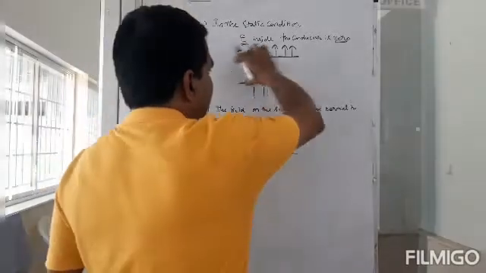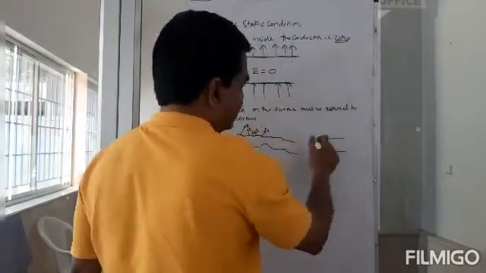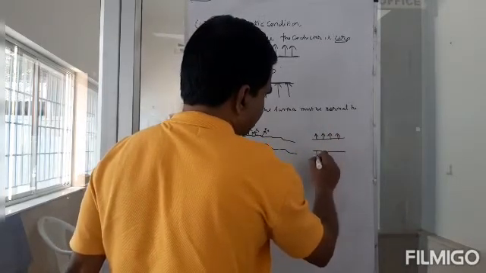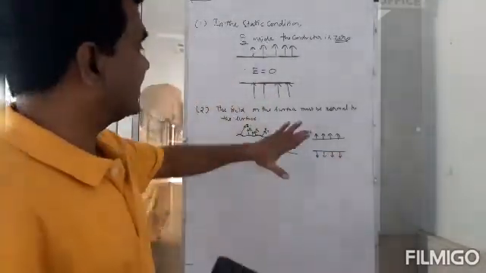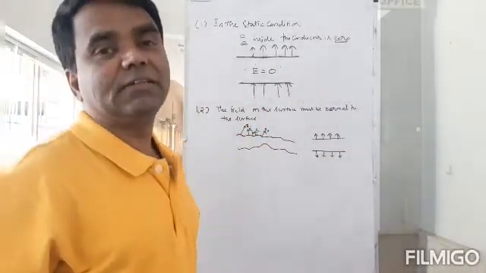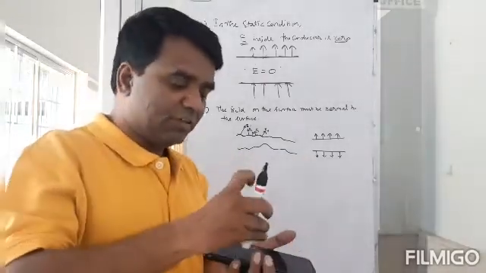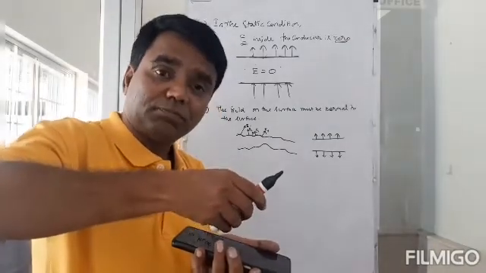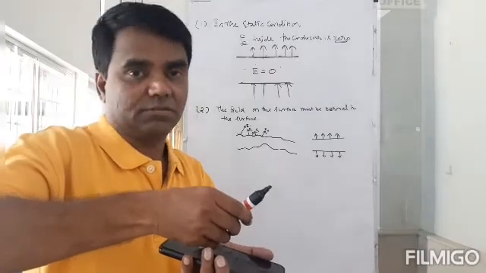If you have a regular conductor like this, the field can only be normal to the surface. Inside the conductor, E is 0, but on the surface, you can have E. But that E will always be normal to the surface. It can never have an angle to the surface of a conductor.